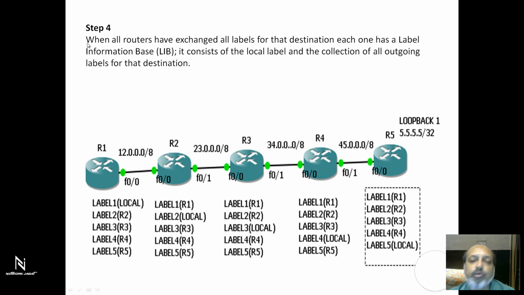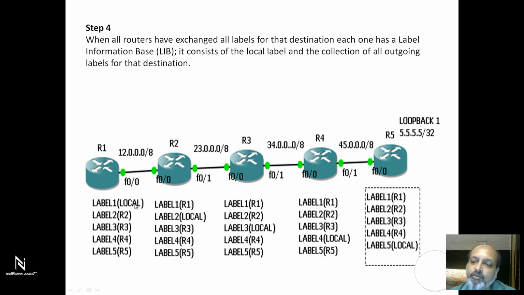So what happens? Finally, in step 4, when all routers have exchanged all labels for that destination, each one has a label information base, or LIB. We have come across this term a little bit earlier. It consists of the local label and the collection of all outgoing labels for that destination. So you see, from R1 to R5, each router has all the labels.